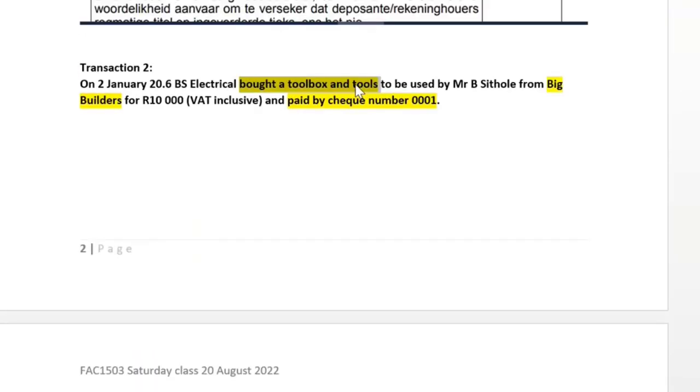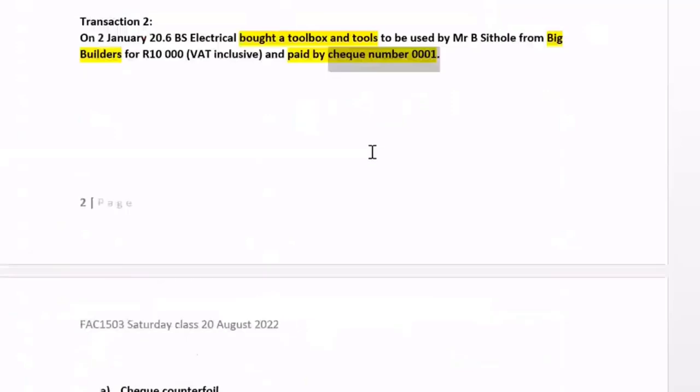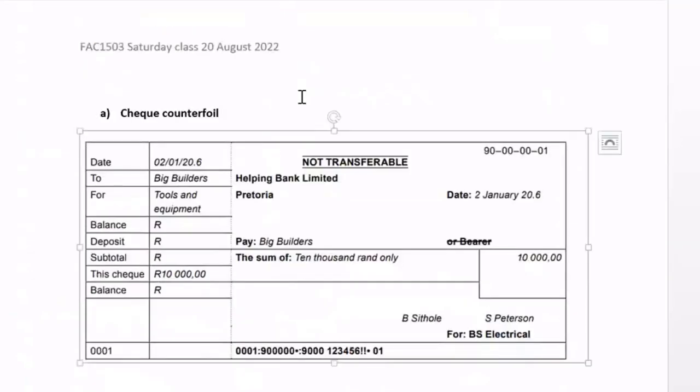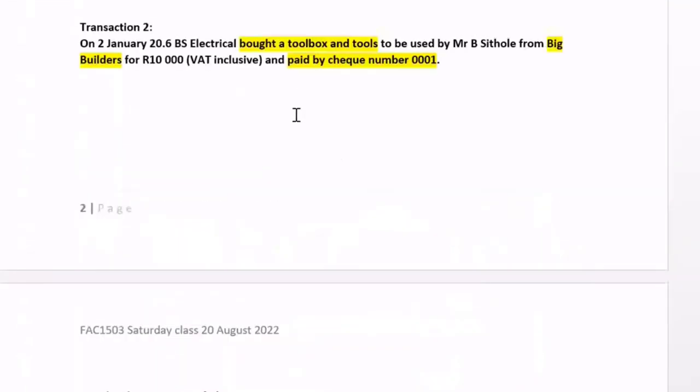Now, I don't think checks are used anymore. In a practical scenario, BS Electrical will do an EFT. So in a case whereby they've paid by EFT, not by check, what will be the source document instead of this check counterfoil?